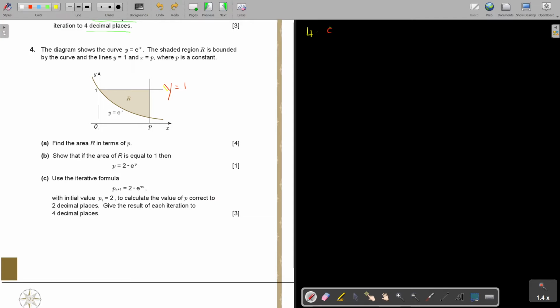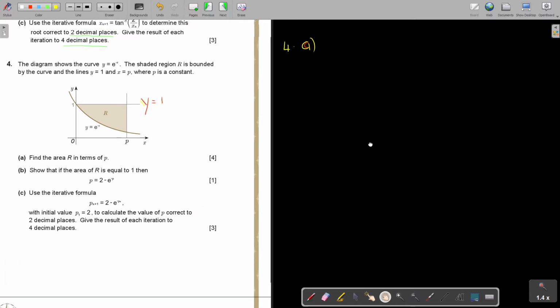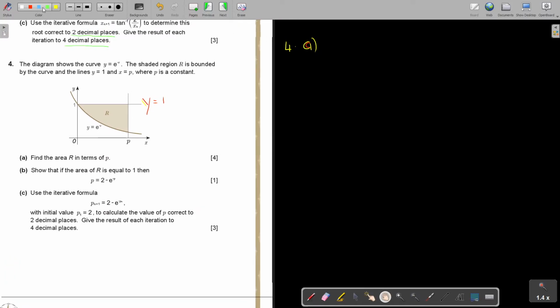The one I want to start with is the area between a line and the curve. Now, what is that line? The line is y is equal to 1. And the curve is y is equal to e to the power negative x.